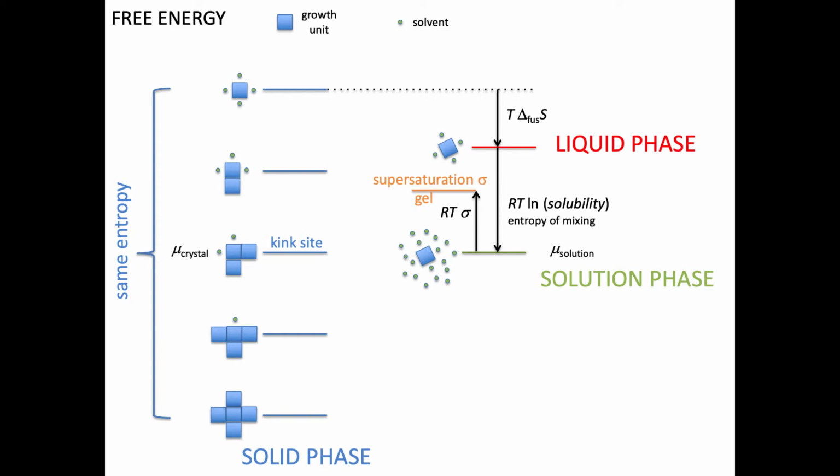CrystalGrower software. On the solid side, what becomes important is how different each of these energy levels are to the kink site. So the delta G of the surface sites, that's the S here, relative to the kink site. And there will be lots of these free energy differences, one for each of the energy levels.